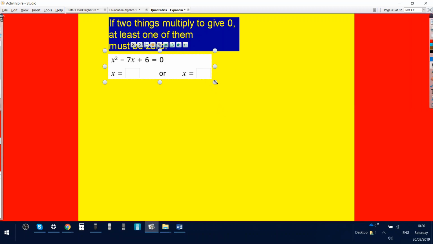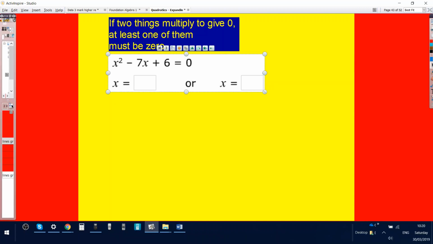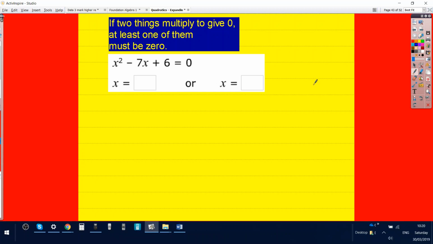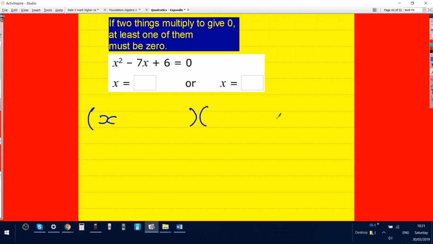How would we solve this? So would you factor it first? Yeah. Okay. You understand that? So x plus 3, and then x minus 4. 3 and 4, they'd multiply to make 12.